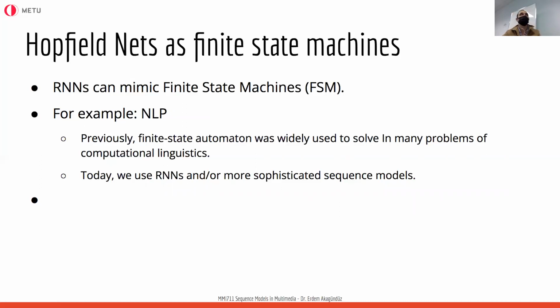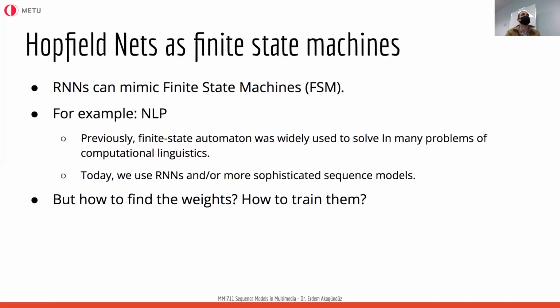In their decoders they do, but it's a bit different. Previously, NLP worked with finite state automata, because in the 60s the only tool we had was the finite state automata. Today we use RNNs or more sophisticated models to solve those problems. They are in a way related in NLP as well.